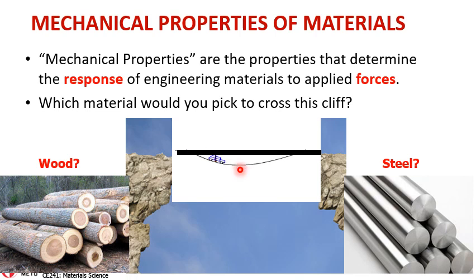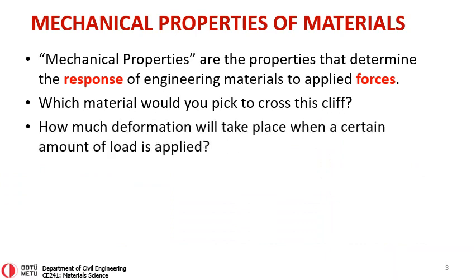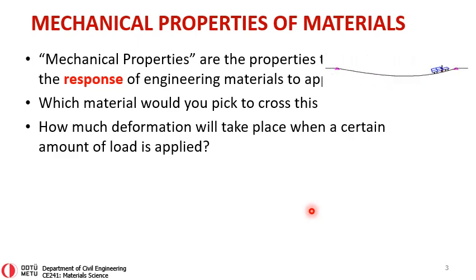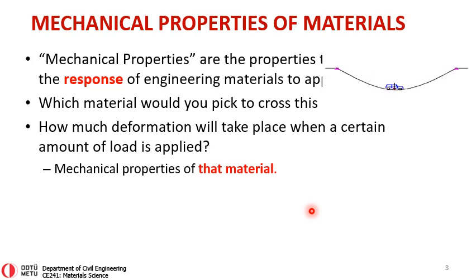So in this course, we are not trying to teach you how to calculate those deformations, but I'm trying to just explain the basic concept behind it. Now, how much deformation will take place when a certain amount of load is applied? That will depend on the mechanical properties of the material that you pick.